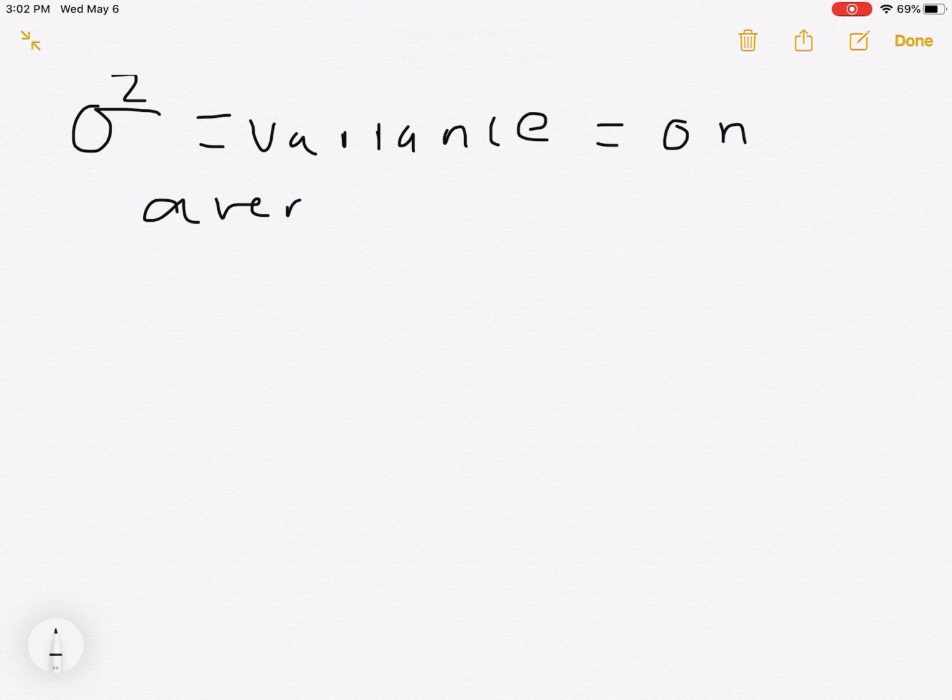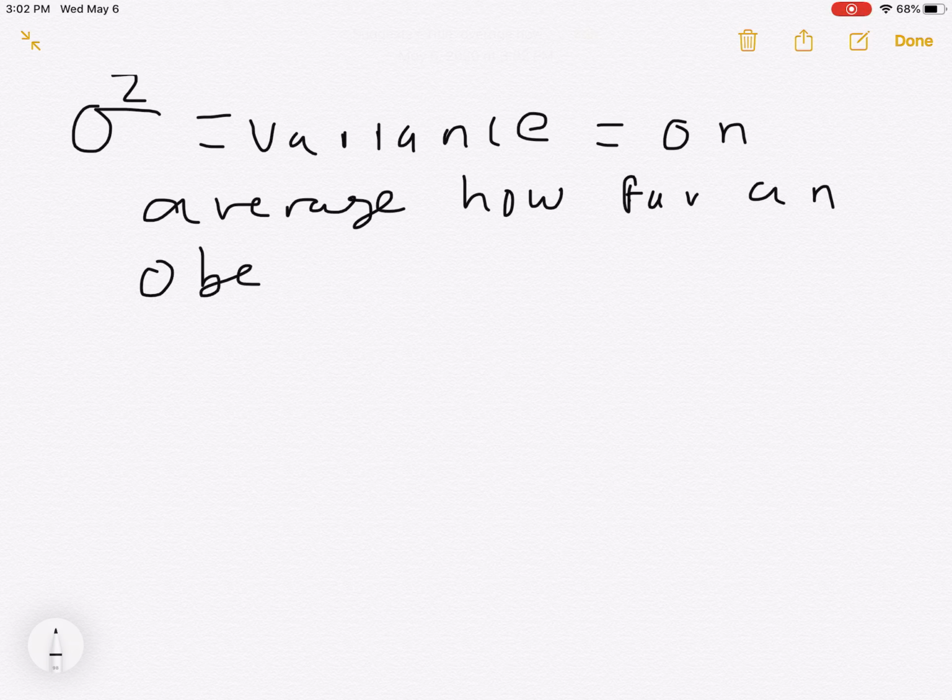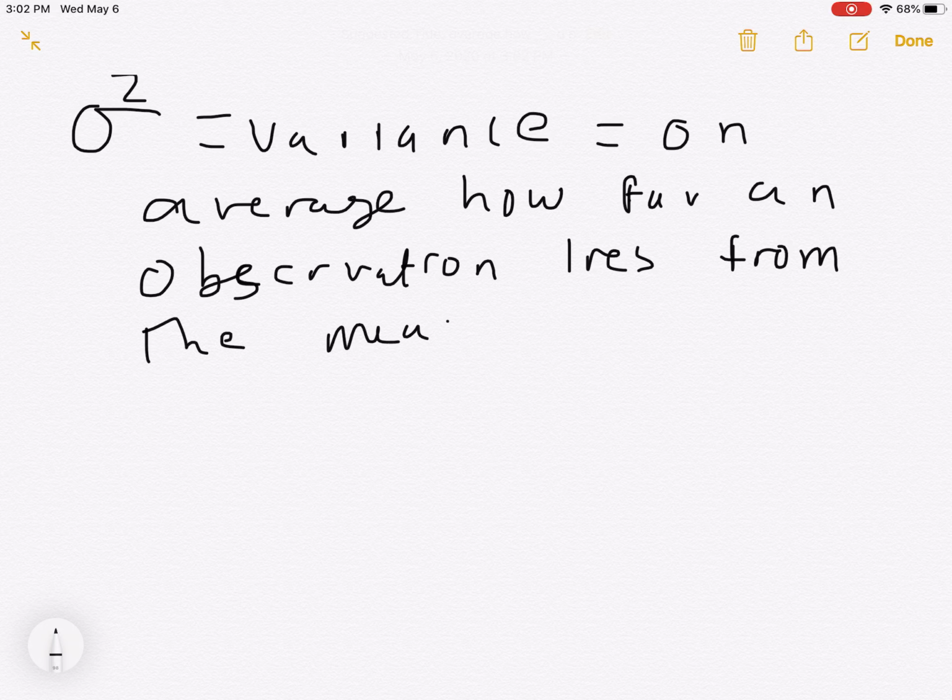So sigma squared, this is referred to as the variance, and that is on average how far an observation lies from the mean or average, and that average is E of x.